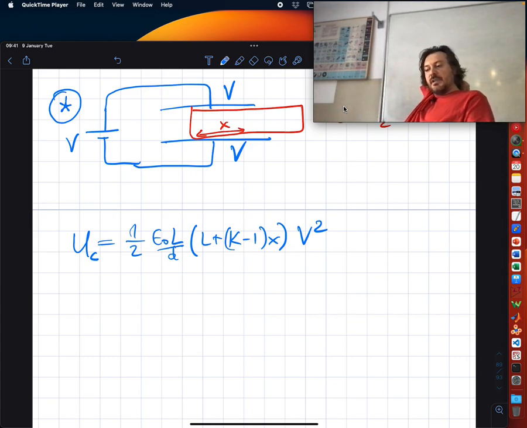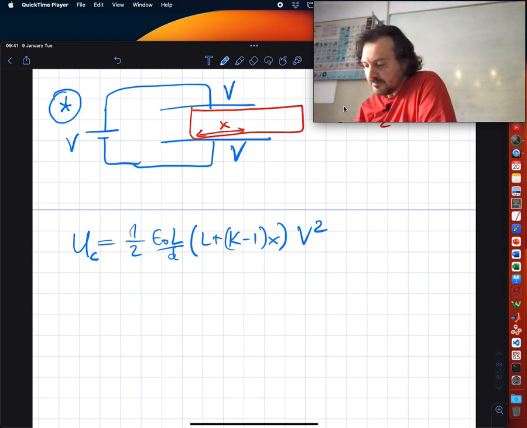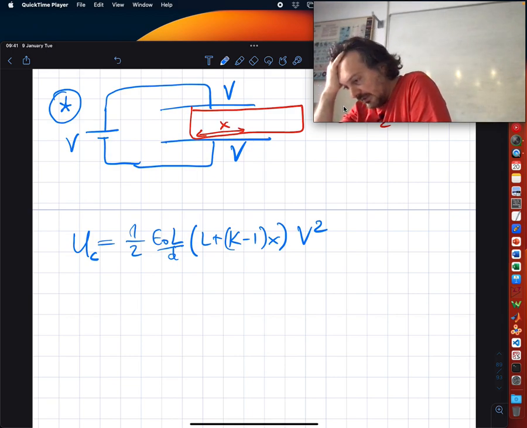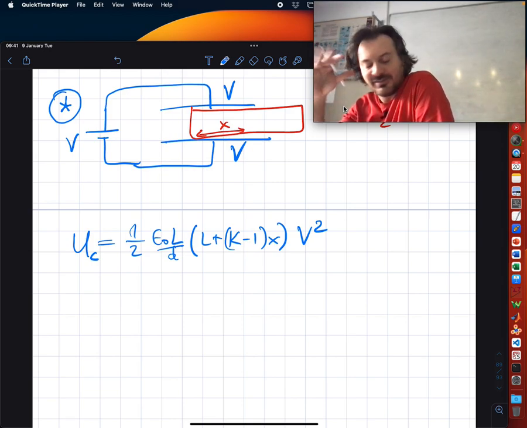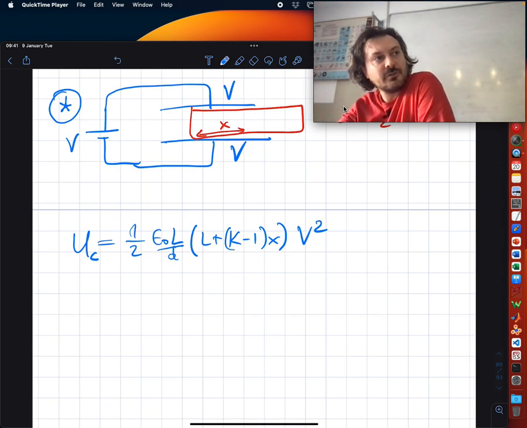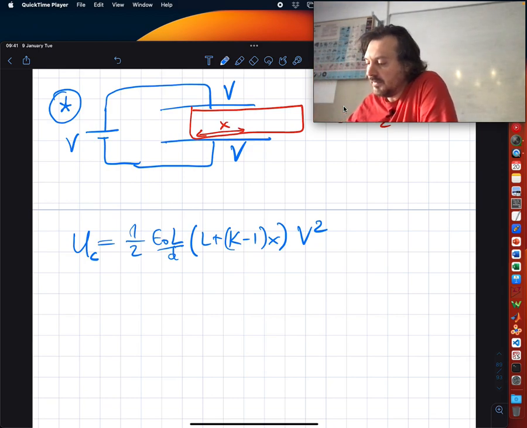So energy of the capacitor can be treated as Q times V. Actually, negative Q times V. Why? Did I say decreases? Yes. If I say decreases, it is decreasing because we are taking charge out of the battery. Why? Because the charge over here is increasing, right?